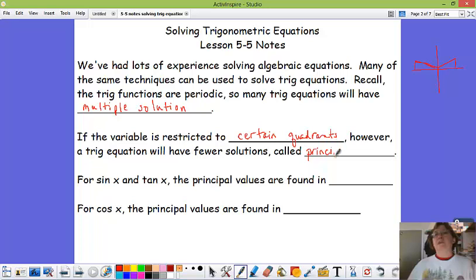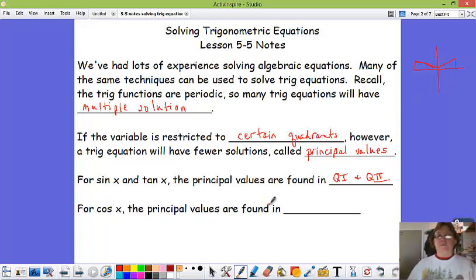Many of you will remember that when we were graphing the trig functions, we introduced the idea of the principal quadrants for sine and tangent. Those are in Q1 and Q4, and the idea there is you'll get a whole range from -1 to +1 of both sine and tangent in those two quadrants.